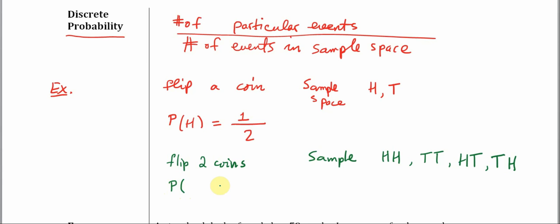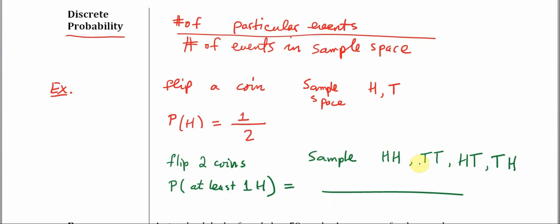Okay, so if I want to know the probability, and when I write probability I abbreviate it P with parentheses, the probability of at least one heads, what I need to do now is count the particular events. In this case, the events where there's at least one heads.